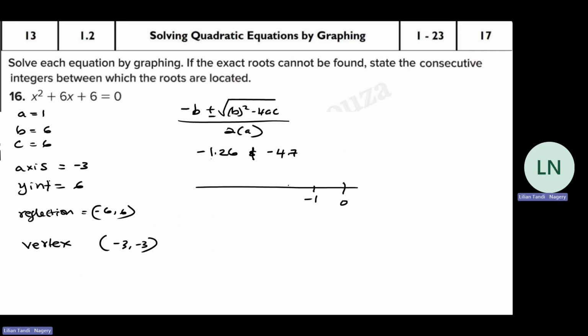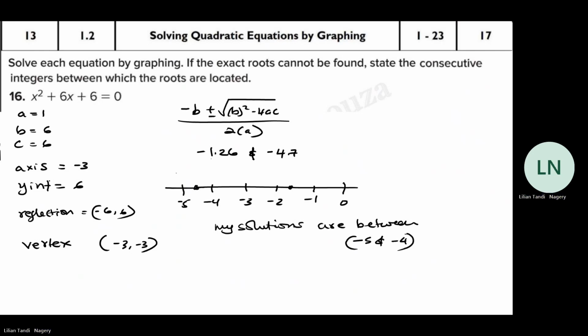So -1, -2, -3, -4, -5. -4.7 will be here, and -1.26 will be here. So I will write my solutions. My solutions are between -5 and -4 and -2 and -1.